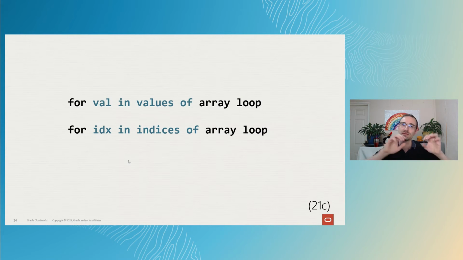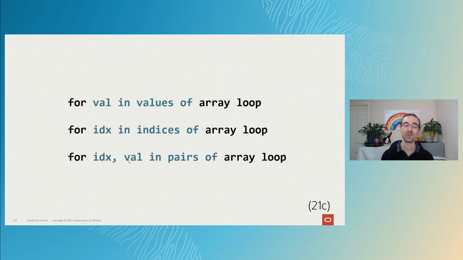Values of looks at the values in the array, and those are what the values are for that loop variable. Indices of will get the indices for that array. There is actually a third option available as well, with the pairs of syntax. Notice we now have two loop variables, the index and the value. Again, a little simplification feature that can be useful to reference each of those separately.